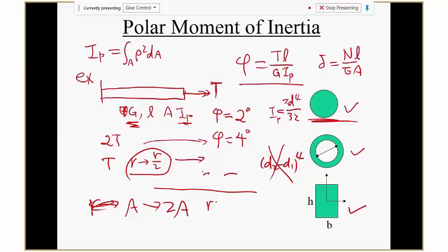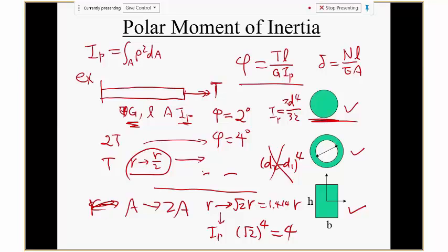That means R changes to square root of 2 times R, in other words 1.414 R. So the IP changes by square root 2 to the fourth power, which is 4 times.